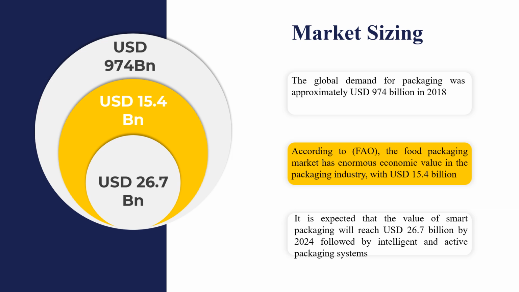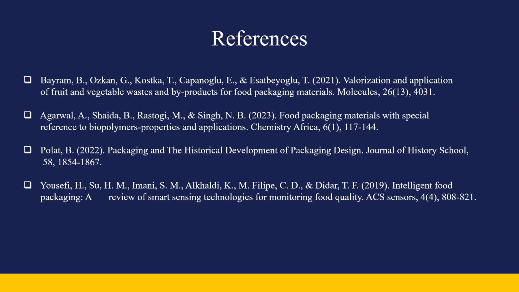It is expected that the value of smart packaging will reach USD 26.7 billion by 2024, followed by intelligent and active packaging systems. The food packaging market worldwide is growing and is expected to reach a value of 512 billion US dollars by 2028. So these are the references for the PPT.